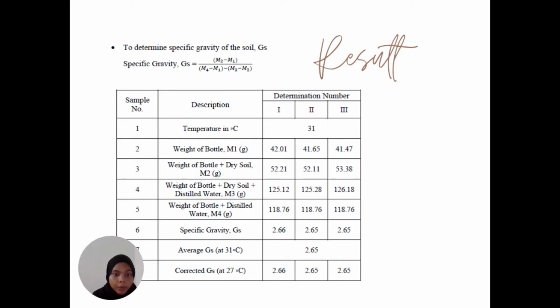Then we get the specific gravity after our calculation: for the first one 2.66, second one 2.65, third one 2.65. Then we get the average value, which is 2.65.